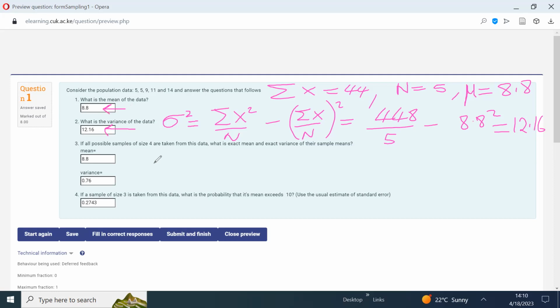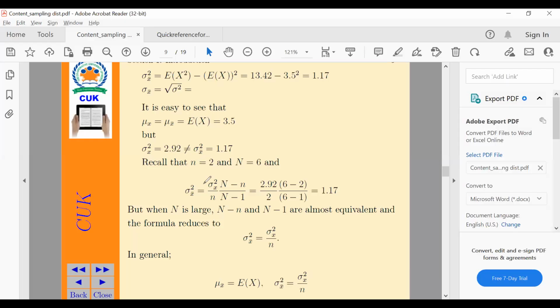We go to the sample now. We are told that if all possible samples of size 4 were taken from this data, what is the exact mean and the exact variance of their sample means? So you don't need to do it practically. This one, I expect you to use knowledge from the notes that we had, and I can go there and remind you that we said if you do sampling, then the sample means have a certain distribution.